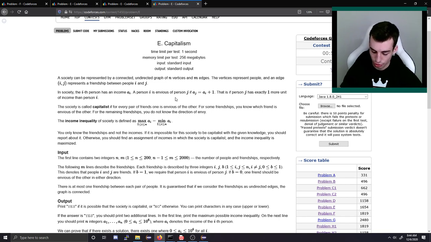What did that change? That just made this a 2. We can't have an edge from a 2 to a 1, that's fine. But it changes the direction of these edges. It changes the direction of that.